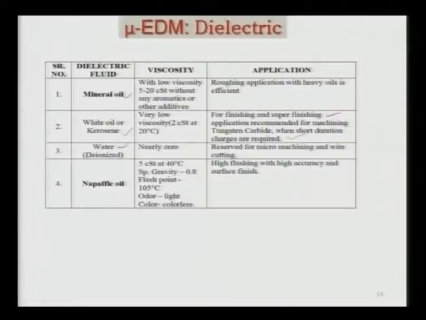Water, again you can use deionized water as dielectric, and viscosity is very low, and it is reserved for micro machining and wire cutting. It is very important to note that deionized water is invariably used for electric discharge wire cutting, and also mostly used for electric discharge micro machining.